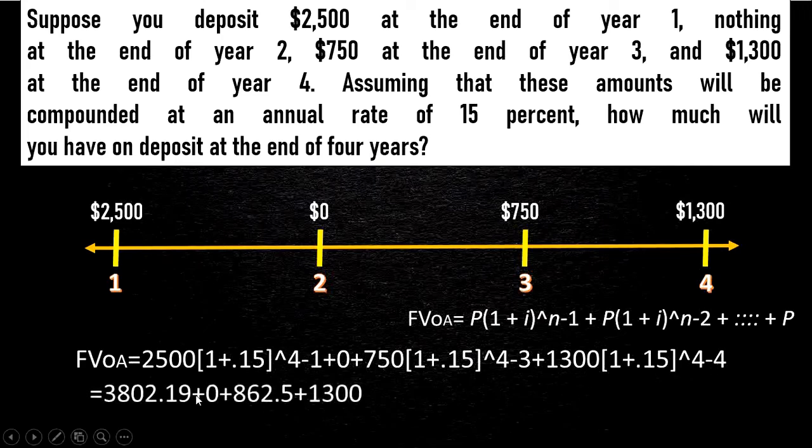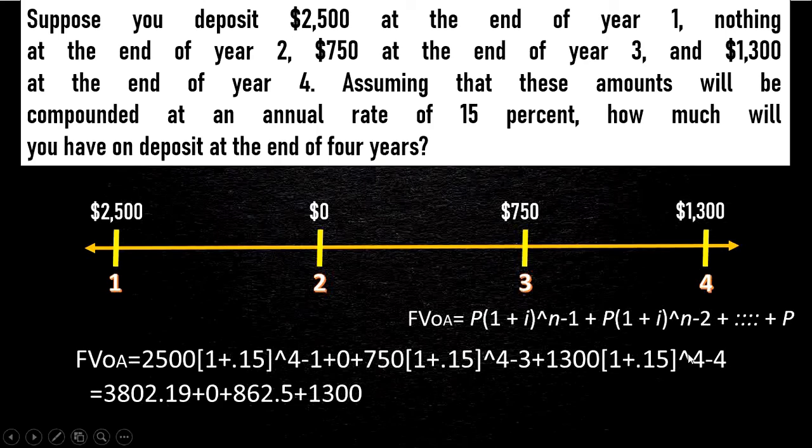So if we calculate it, we get in the first year 3,802.19, in the second year 0 because nothing was deposited, in the third year 862.5, and in the fourth year 1,300, because the power 4 minus 4 is equal to 0.